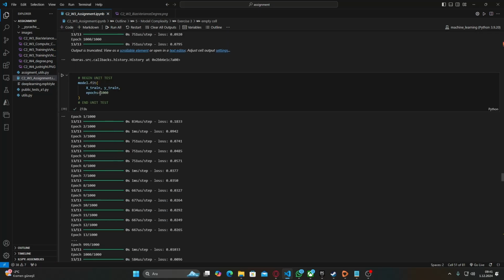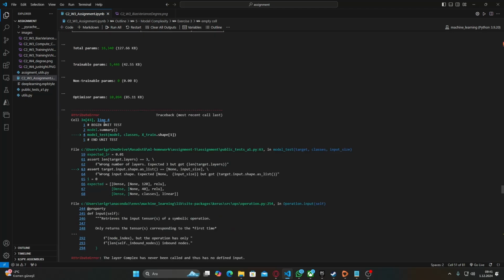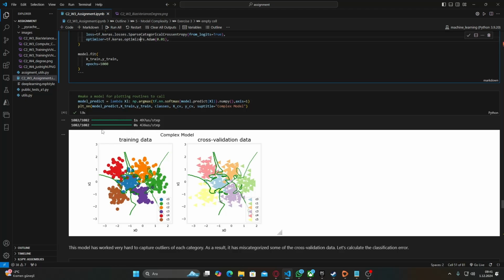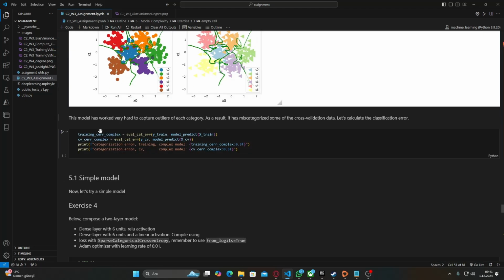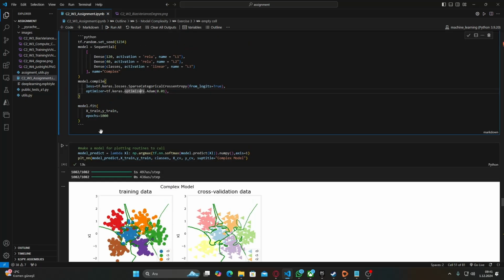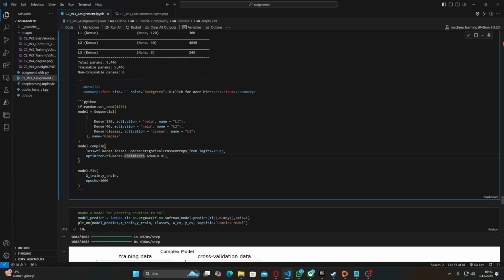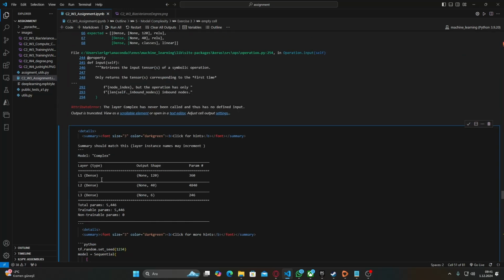Model fit epochs 100 extra. Doesn't it? Okay. So is that going to click more hints? Okay, Python random seed, Sequential, and model compile, model dot fit, epochs thousands.